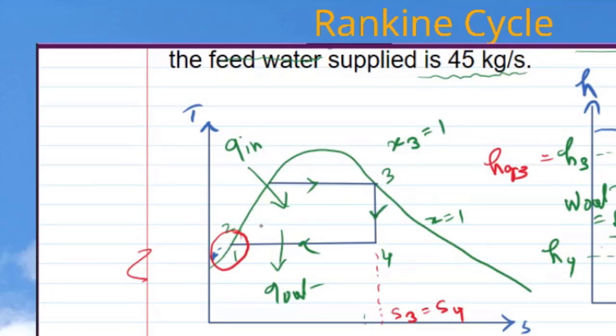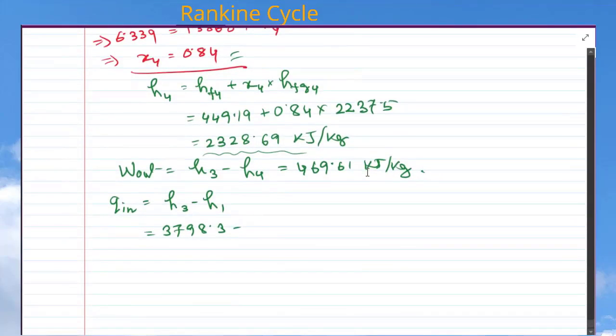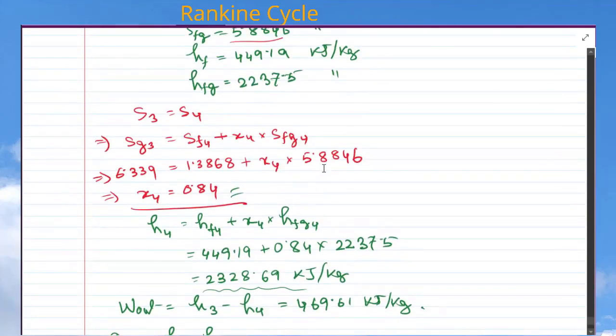H1 is the enthalpy at point 1. That means at point 1 the enthalpy is Hf at the lower pressure, the condenser pressure, Hf1. So this value we have to take for this calculation.